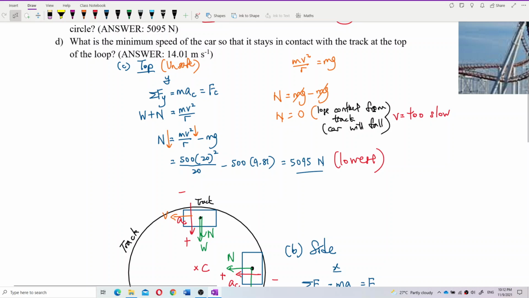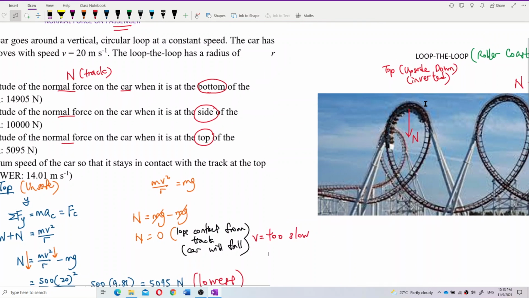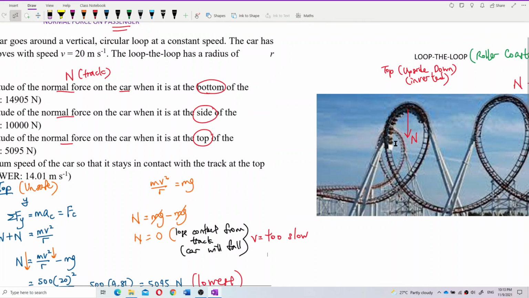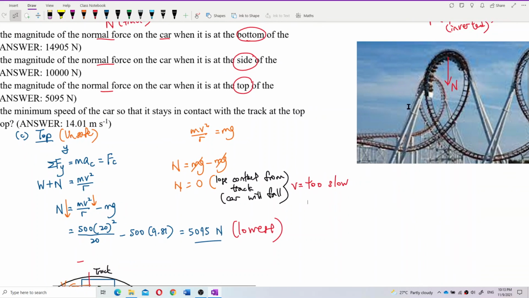That means you lose contact with the track, the car is not in contact with the track anymore, and it will fall. An accident will happen, because the track does not provide normal force anymore.